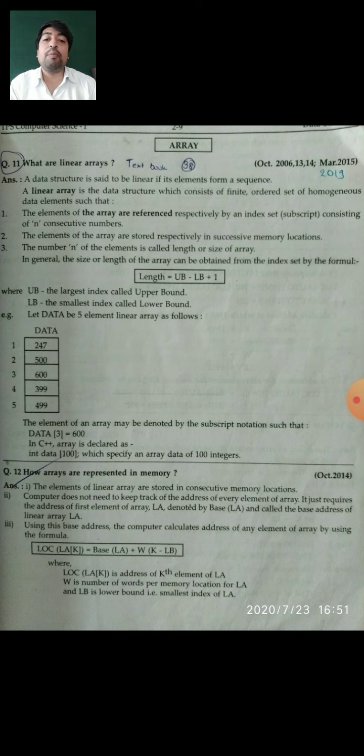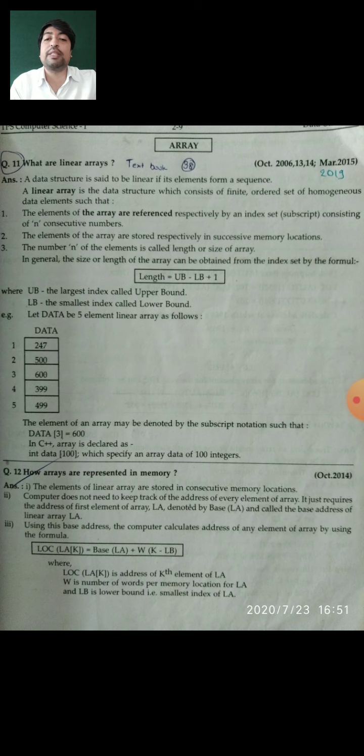LA is the base of the array, and the base address of the linear array is LA. LA means linear array. The address of the first element of the array is called LB.